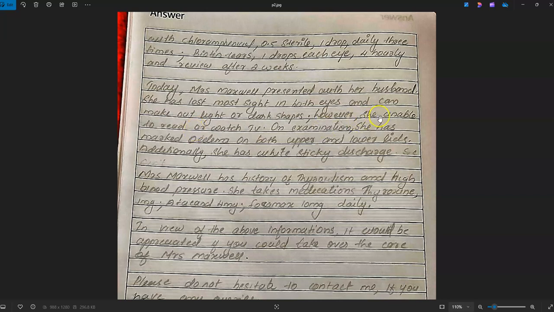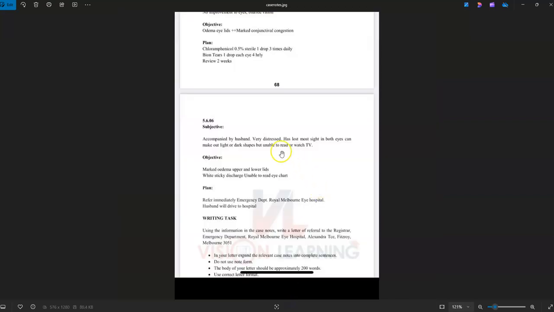However, she is unable to read or watch TV. Now, you need to be careful. That's pretty much a copy paste, virtually identical word for word. Don't do that. They don't like it if you do a copy paste.